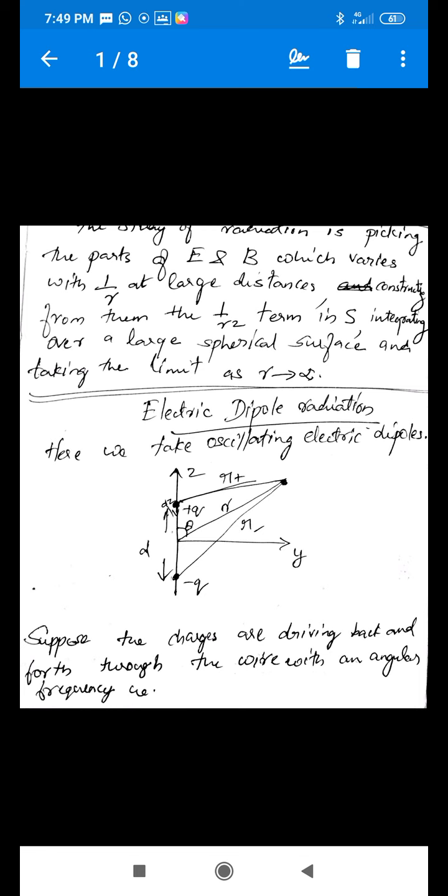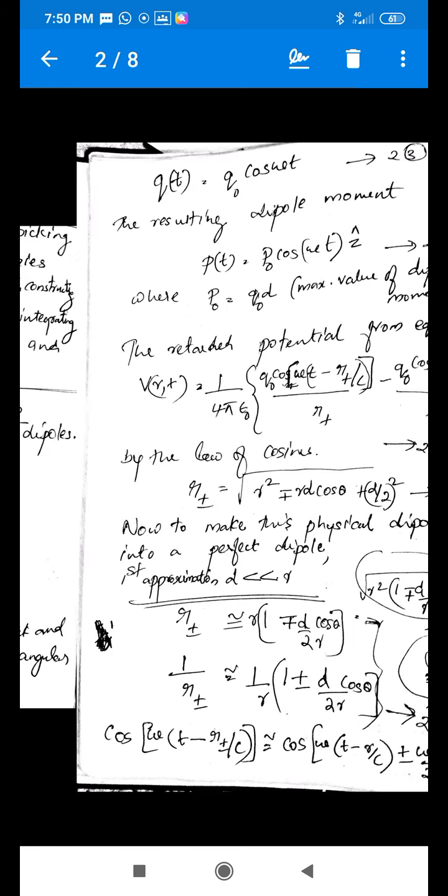So we are connecting these two charges with a wire, and plus q and minus q oscillate at an angular frequency omega. Only then will this oscillate, isn't it? So we have to drive an AC current through this wire. So we have the angular frequency of oscillation omega.